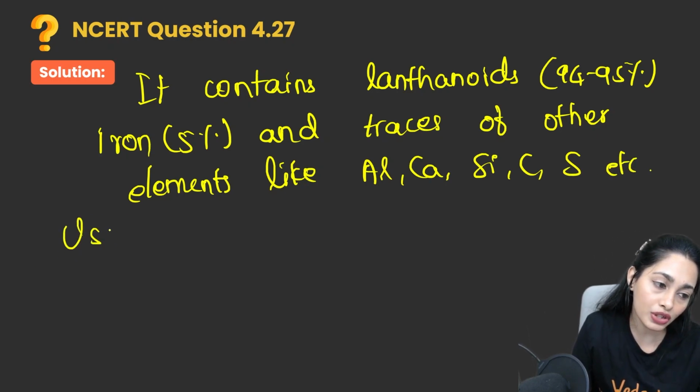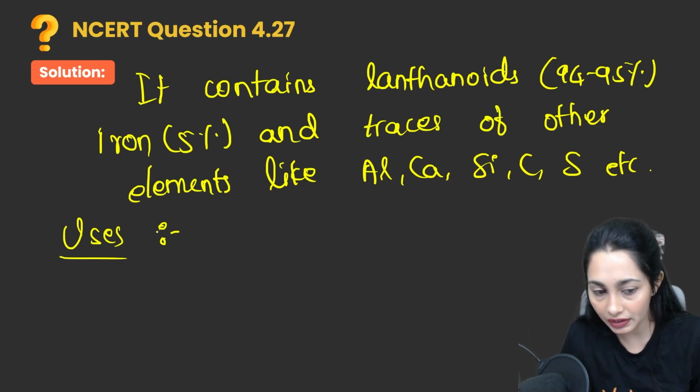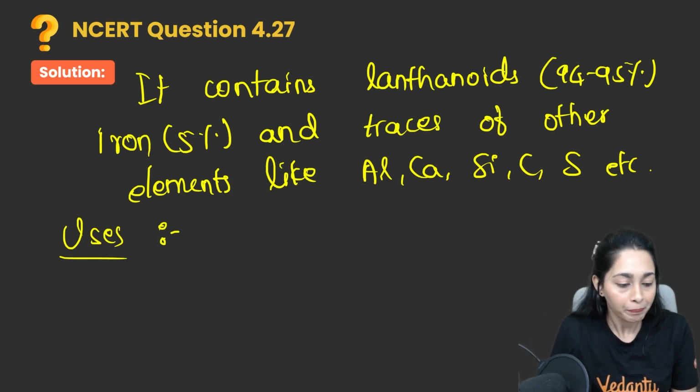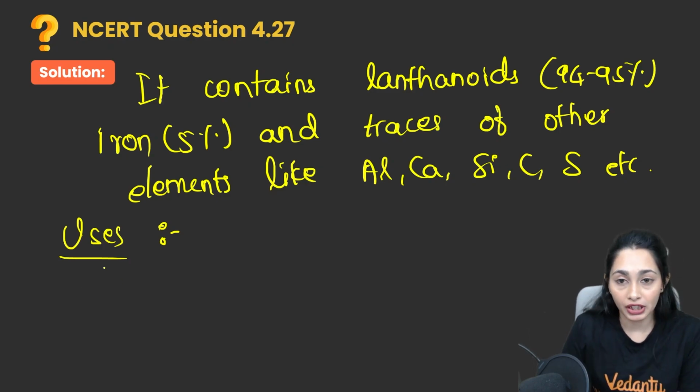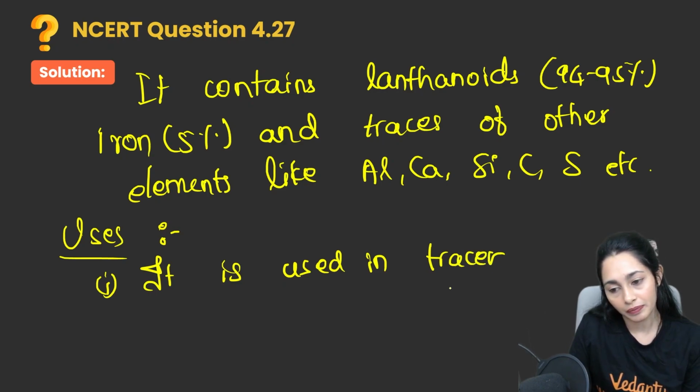Okay, what are the uses of these metals? Usually, alloys are made to increase the durability, strength, the tensile strength. So what are the uses of this particular alloy? It is used in tracer bullets and shells.